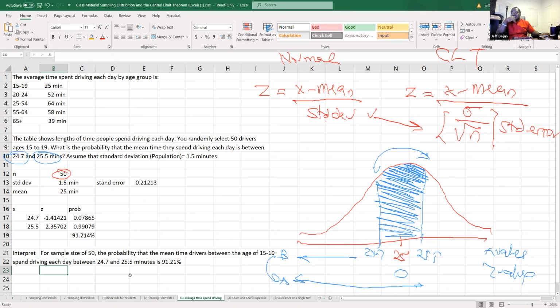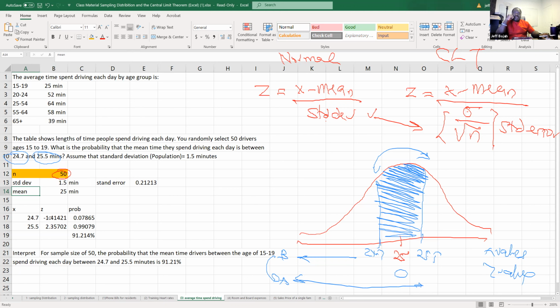All right, any questions on this one? So if you look at this question, nothing has really changed other than the Z value. Everything else is just like how we have with the normal distribution. That's because the only difference here is this. In the normal distribution, we don't have this N value, but we have that when it comes to CLT.